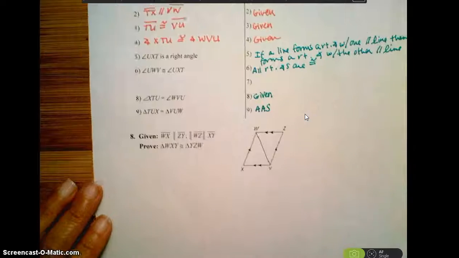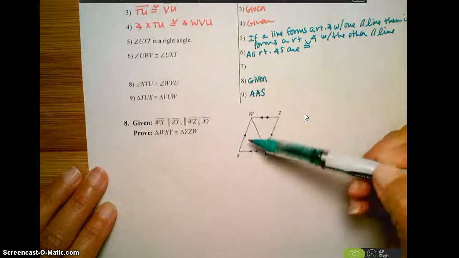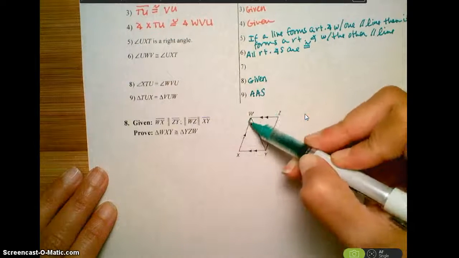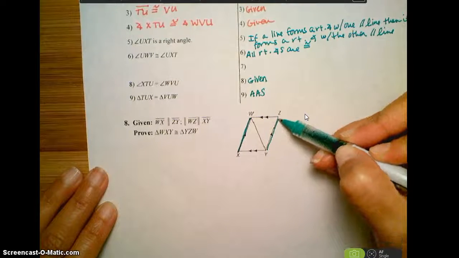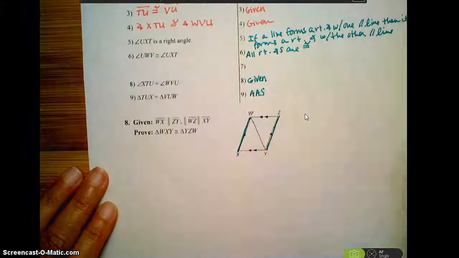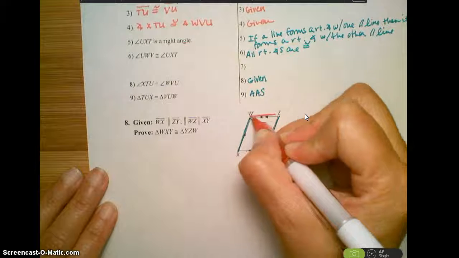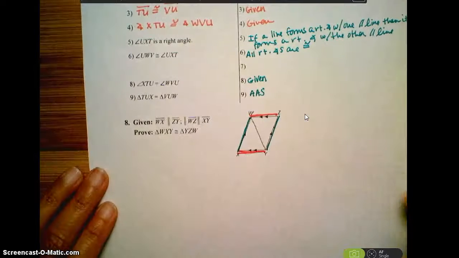Okay, continuing on to the next proof. You're being given that WX, I'm going to make that green, is parallel to ZY. I'm also going to make that green. You're also being given that WZ, I'm going to make that red, is parallel to XY.